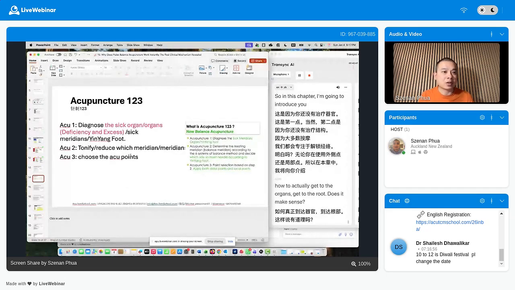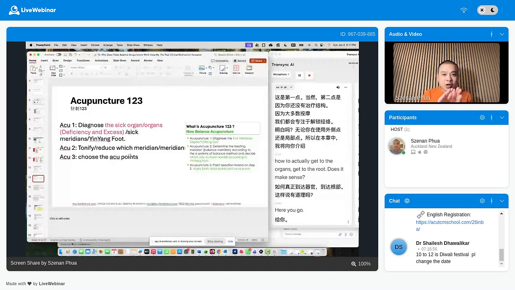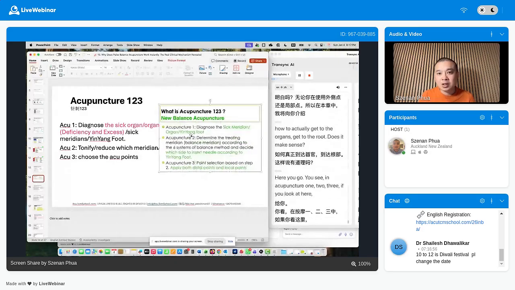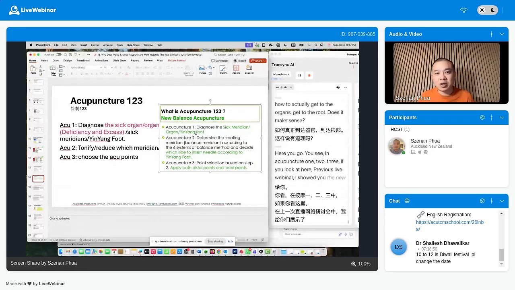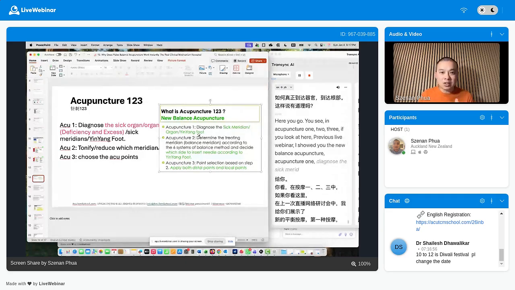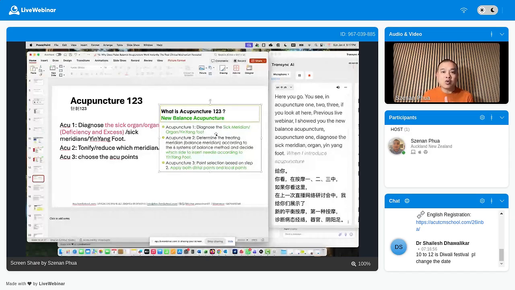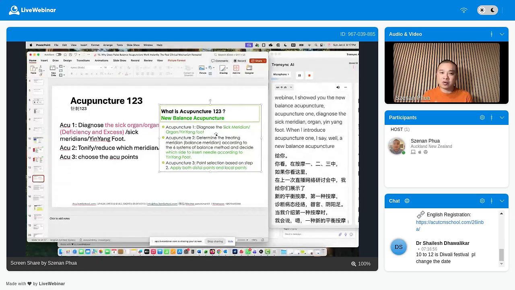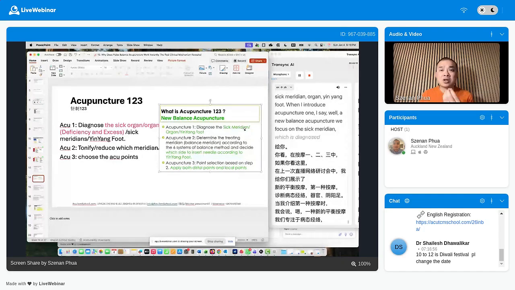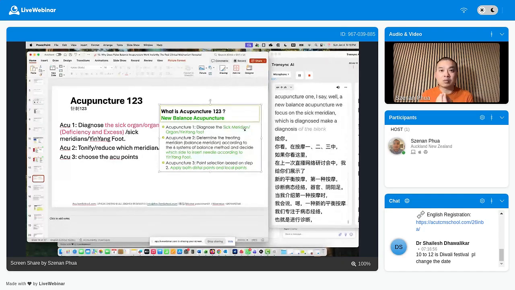Here you go. You see acupuncture 1, 2, 3. In the previous live webinar, I showed you New Balance Acupuncture, acupuncture 1: diagnose the sick meridian, organ, yin yang foot. When I introduced acupuncture 1, I said in New Balance Acupuncture we focus on the sick meridian, making a diagnosis of the blockage meridian as well as yin yang foot.